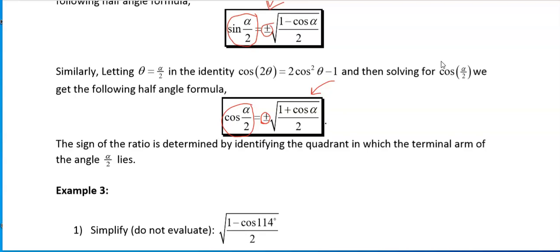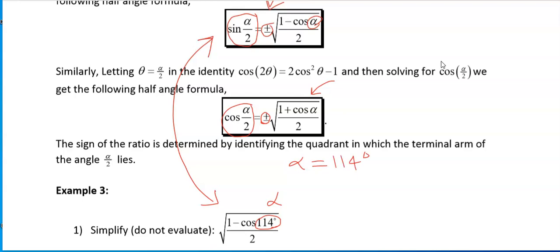Well, if you look right up here, it's actually the sine half-angle formula, isn't it really? 1 minus the cosine of some angle. In this example, your alpha is 114 degrees. That's what it shows us in our formula, you see? 1 minus the cosine of alpha. So alpha is equal to 114 degrees.